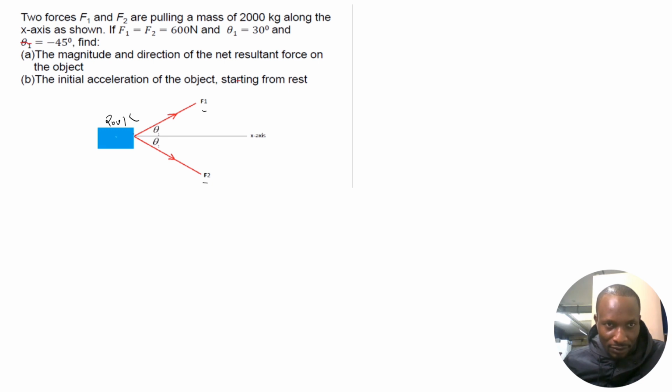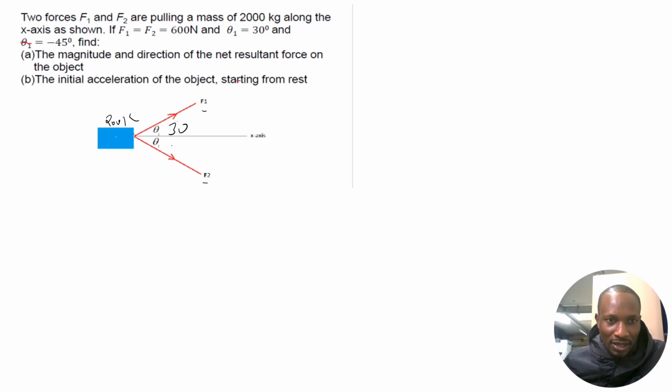If F1 and F2 is equal to 600 newtons, it means force 1 and force 2 have the same magnitude, which is 600 newtons, and theta 1, the angle that F1 makes with the ground, is 30 degrees along the x-axis, and theta 2 is minus 45 degrees.